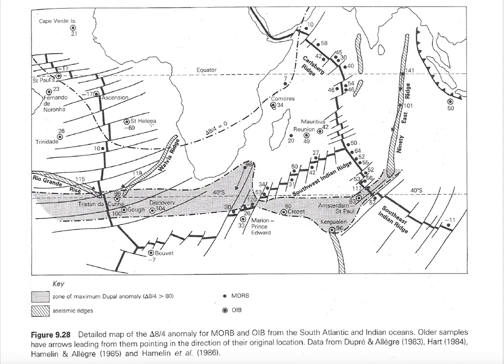Yes, then we have here Réunion and Mauritius again. Réunion, I told you, we will discuss this later on also more in detail, because there I have a good example. Then we have here the Comores, which are ocean island basalts. And they are all actually more or less away from the middle ocean ridges.